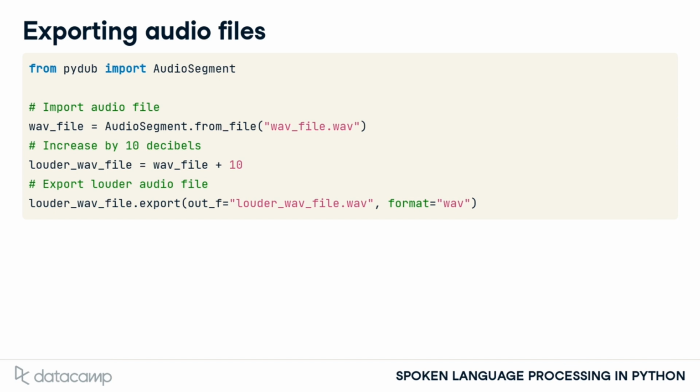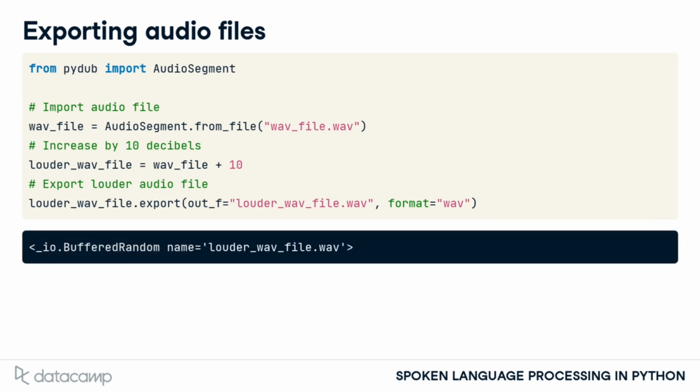The default format value for the export function is MP3, so it's important to remember to specify if you're after WAV files. In our case, we are, so we set it to WAV. Running this outputs a message letting us know our file has been exported with the specified file path name.